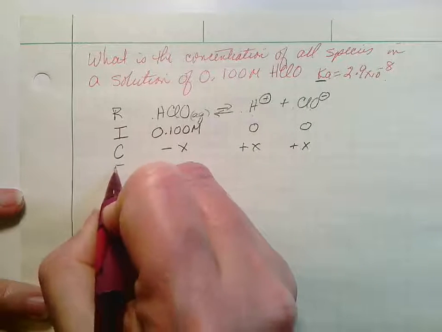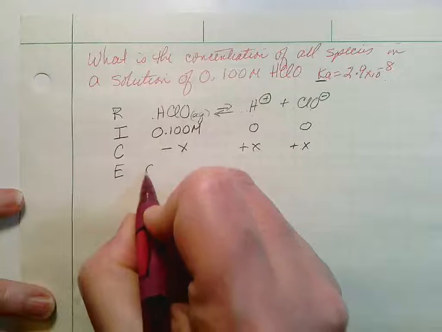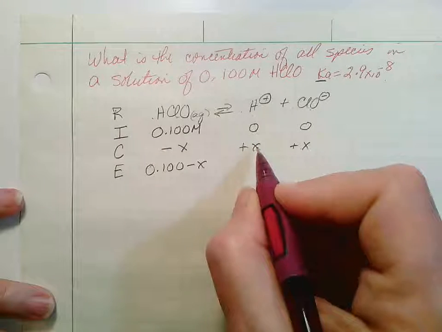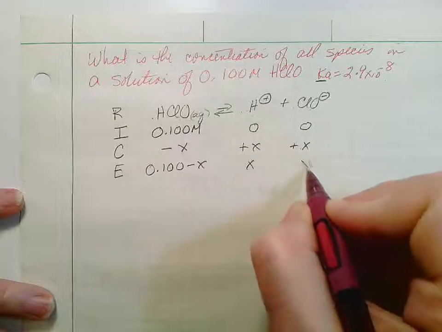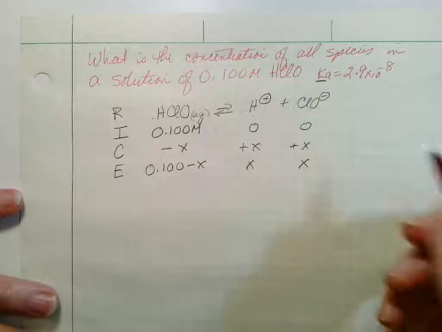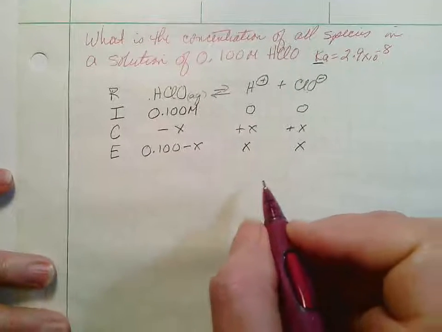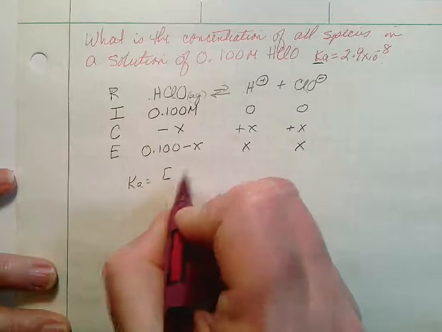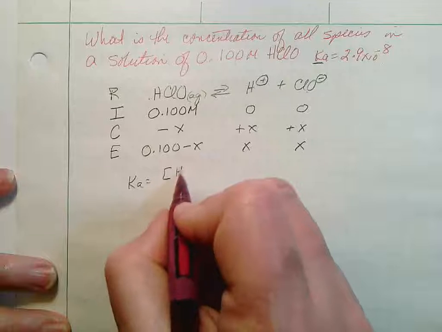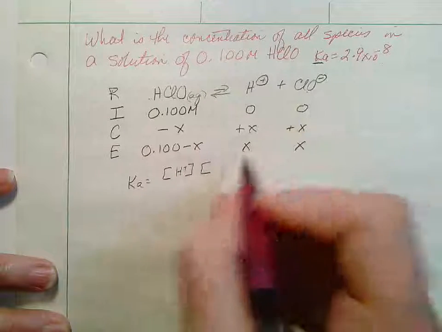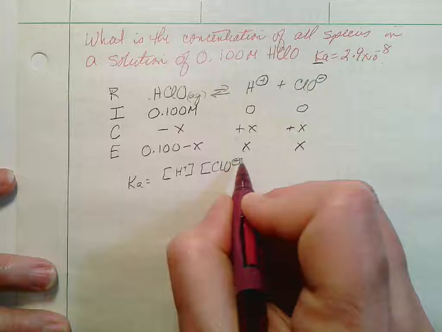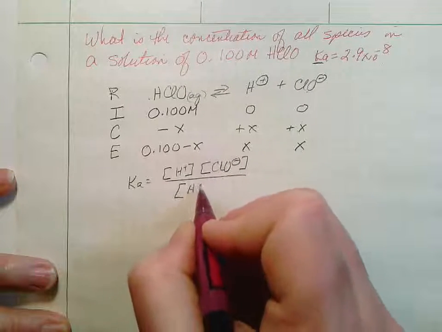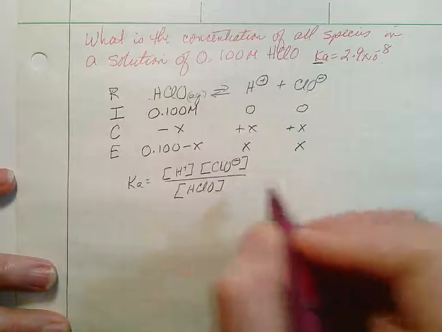So what will happen at equilibrium is my original solution will lose some X, and my products will gain some X. I don't need to write 0 plus X. Now I need to write out my Ka statement, which is going to equal the concentration of my products, hydrogen ions, times the concentration of hypochlorite ions, divided by the concentration of hypochlorous acid.